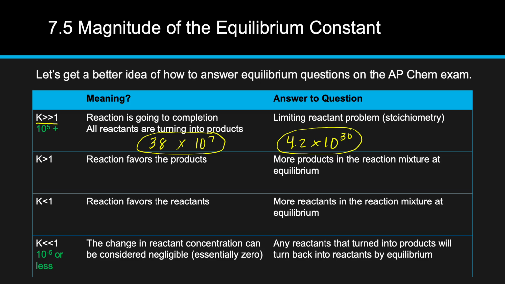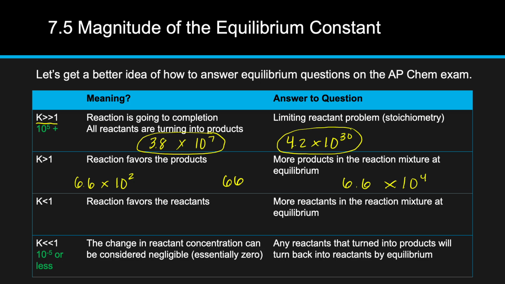Then just saying K is greater than 1 would be an equilibrium constant like 6.6 times 10 to the 2nd, or 66, or 6.6 times 10 to the 4th. Now, all three of these K values will give you more products than reactants. It's just important to know that you will have reactants in your particle level diagram at equilibrium.